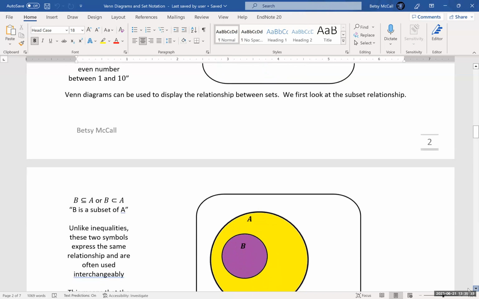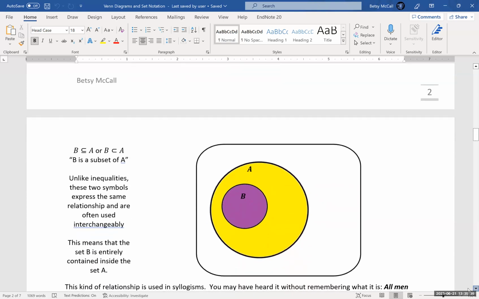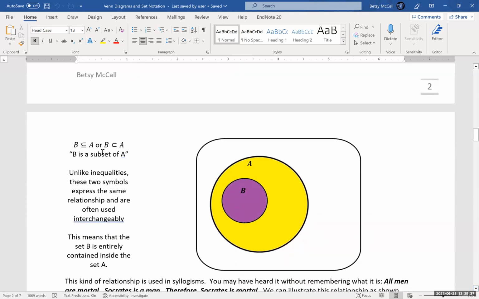Now we also have this subset notation, and you need to be a little bit careful in some contexts. Some books will distinguish between these two notations and some will not.